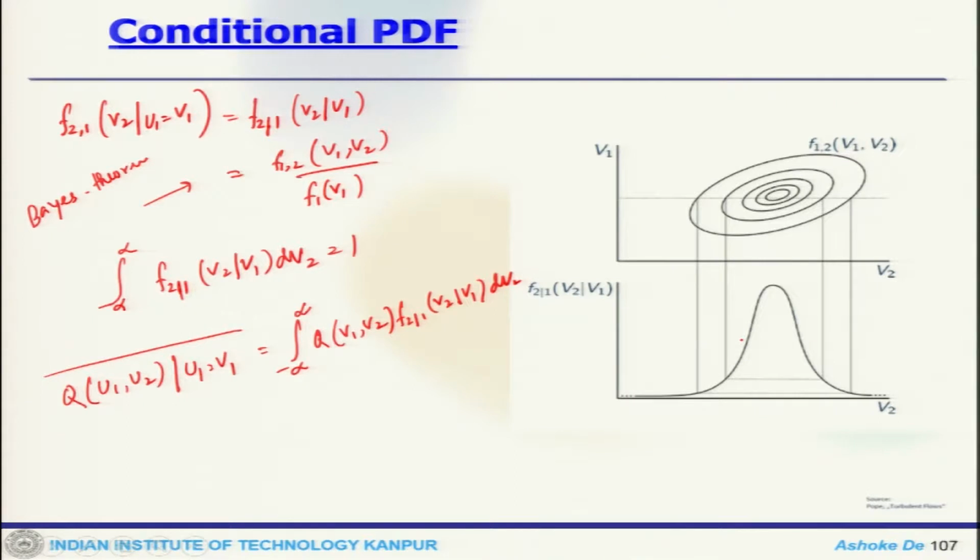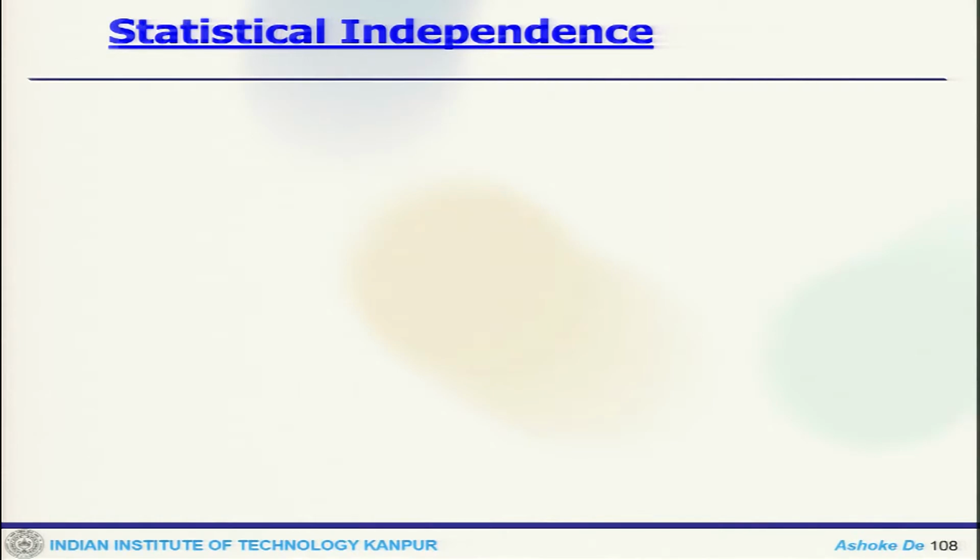This is how you can see these things when you have the sample space and condition on another variable.